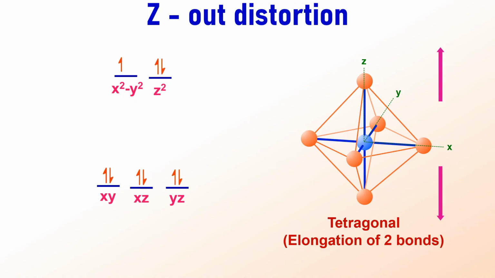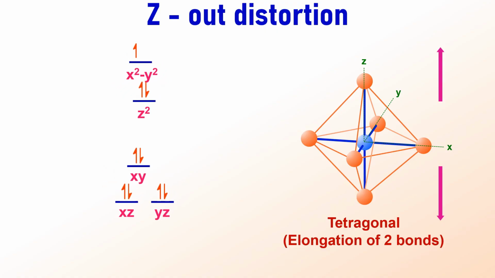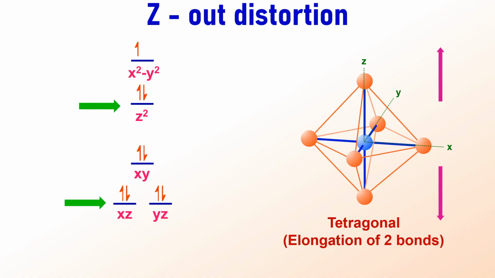Consequently, the dz2, dxz and dyz orbitals experience a decrease in energy as shown on the screen. The 9th electron now occupies the dx2-y2 orbital, which is no longer degenerate. Thus, the electronic degeneracy is lifted and the system stabilizes. However, this stabilization comes with a loss of symmetry in the complex.